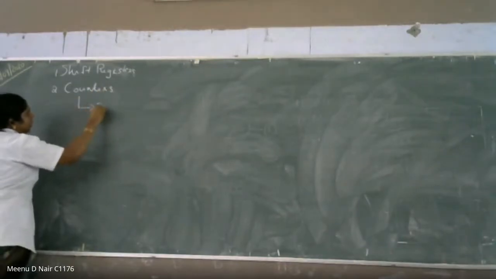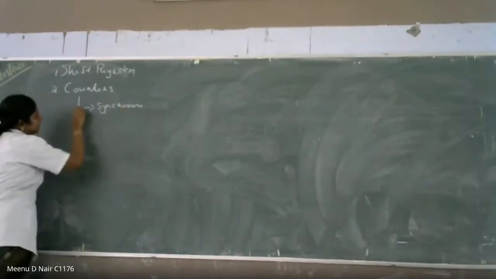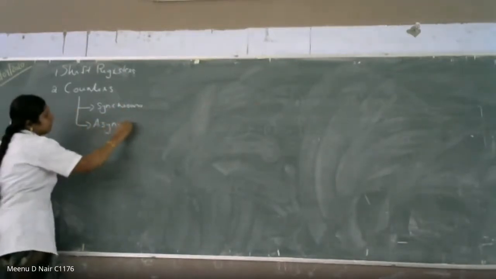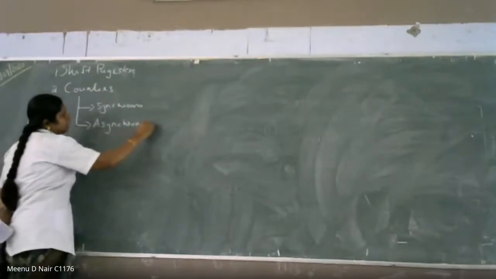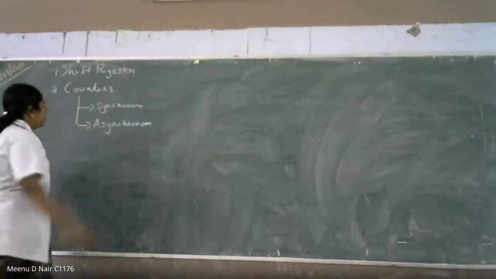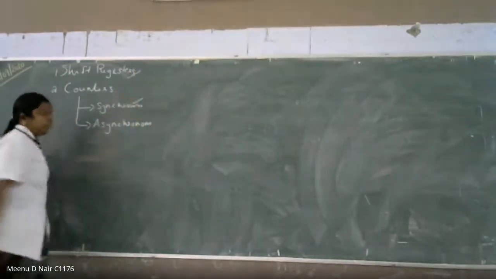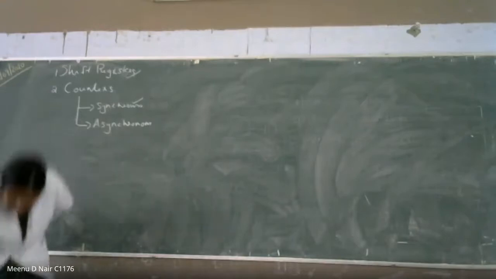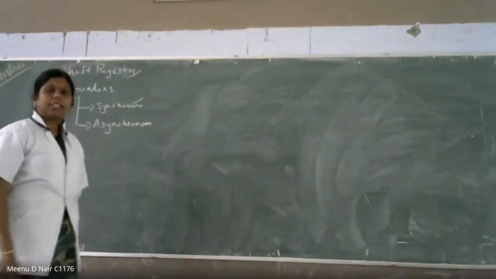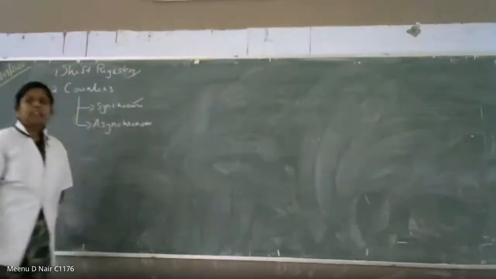Here there are two types: synchronous counter and asynchronous counter. We will finish the shift registers and synchronous counter today, and asynchronous counter we will see in the next class. If time permits, we will take the asynchronous counter also.